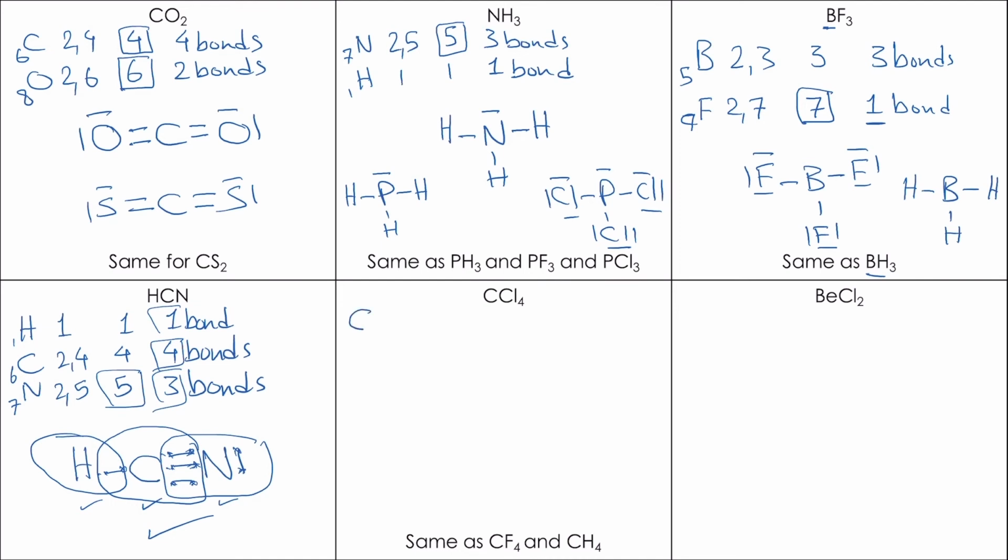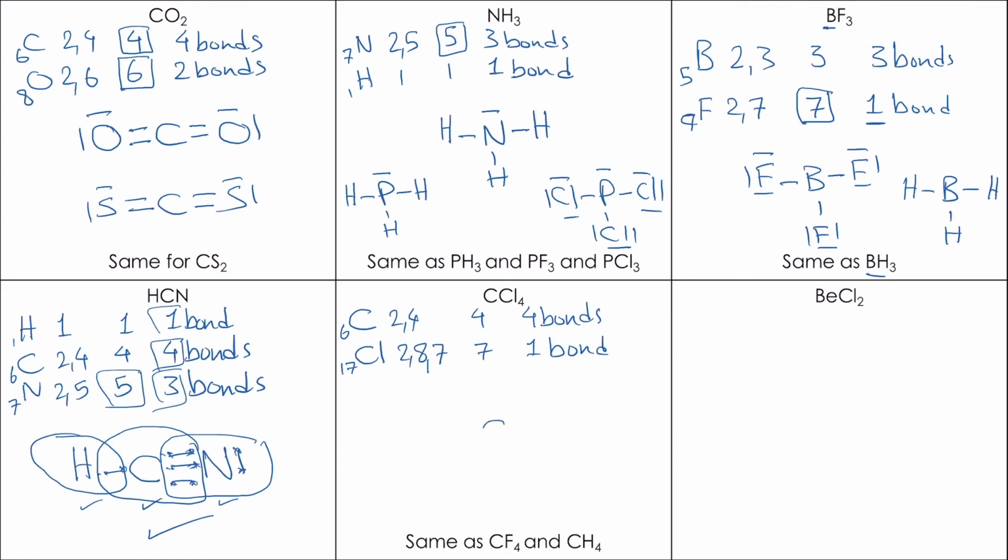We have carbon and chlorine. Carbon is 6. Chlorine is, of course, 17. So we have here 2, 4. We have 2, 8, 7. Okay, so how many valence electrons? 4 valence electrons, 7 valence electrons, 4 bonds. Here we have only 1 bond. So we have the central atom, of course, the atom that would make the most bonds.